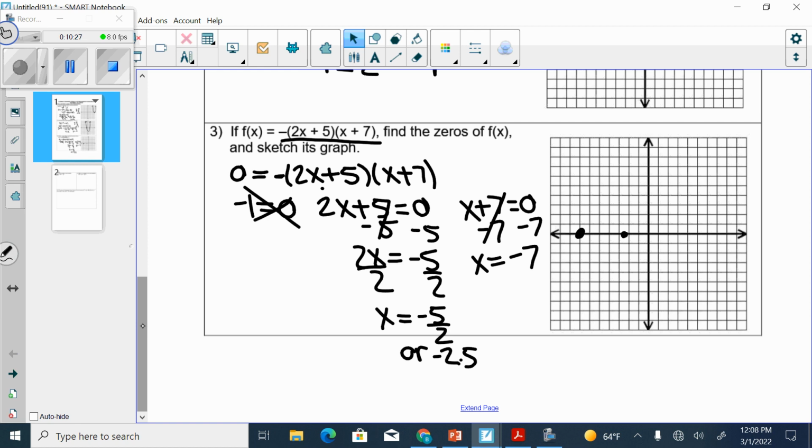All right. So the deal here is we know it makes a U shape. However, they had this negative in front that was only with the first parenthesis, not the whole thing, right? If you have a negative in front, it flips your graph, right? Just like if you have a positive slope, then you know that your line is going to slant this way.